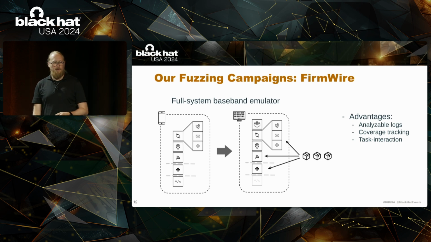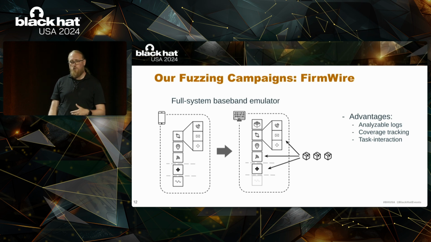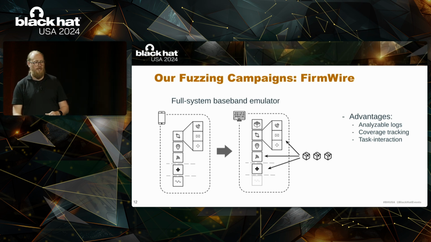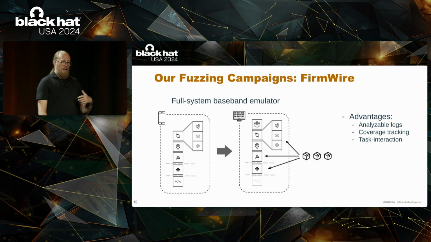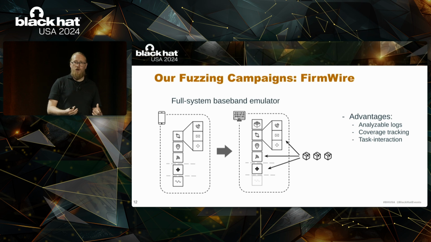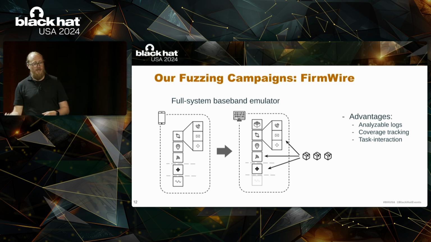And most importantly, as we attempt to fuzz the full cellular stack by injecting from layer 2, full system emulation, as it emulates everything, already provides the task interaction. So by default, if a message results in forwarding of messages to yet other tasks in the stack, this is already supported and will be emulated as well.